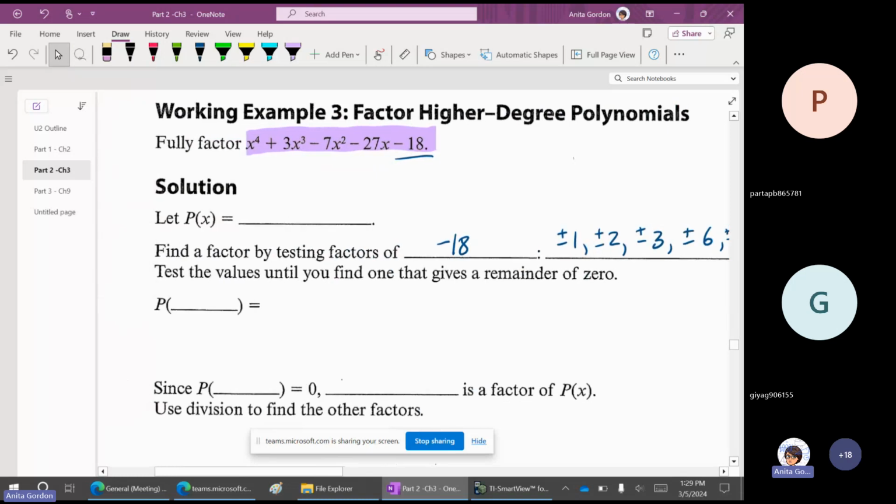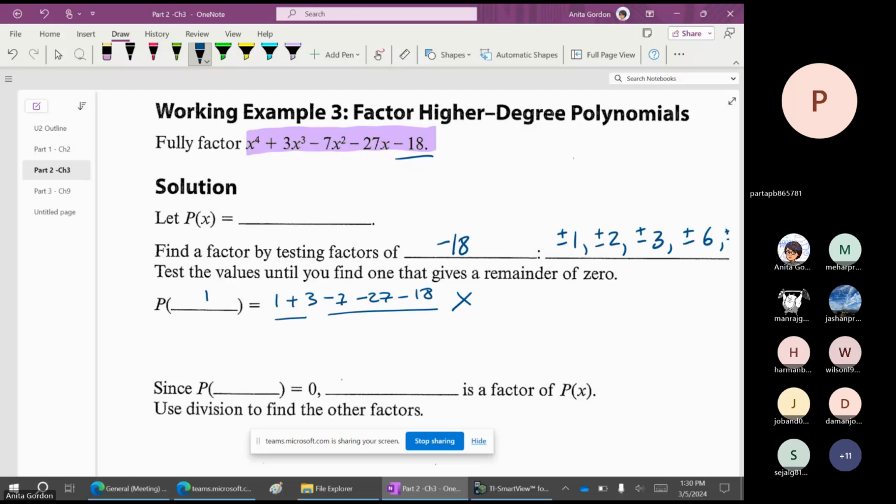Let's check positive 1. If I put a positive 1 in, I get 1 plus 3 minus 7 minus 27. Okay, I already know this is not going to work. My negative numbers are bigger than my positive numbers. Let's try P of negative 1.